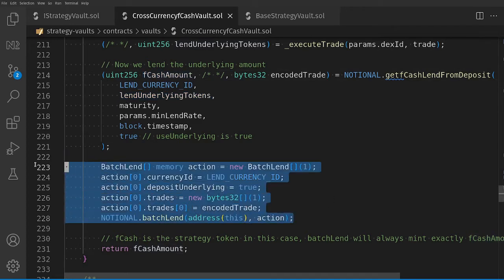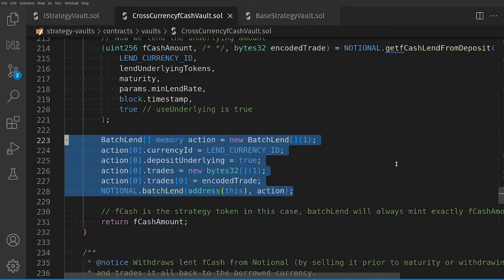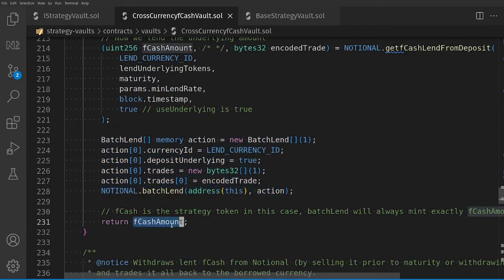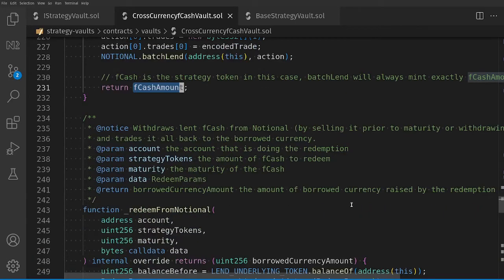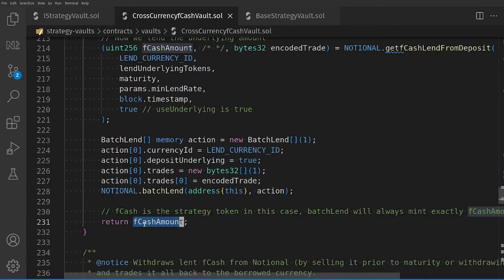And then we're going to go ahead and lend that position on Notional. And then we return the fCash, the fDAI that we've lent, as the number of strategy tokens now held by this account. So once this value is returned to the notional side, it's going to mark the number of strategy tokens this account now holds and check the collateral and then complete that transaction.